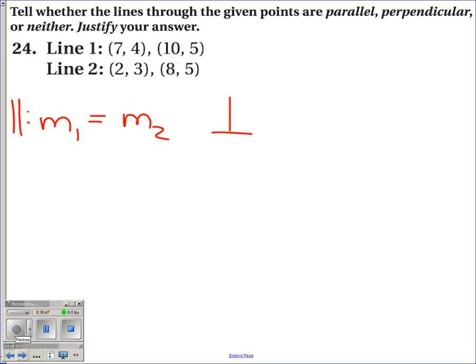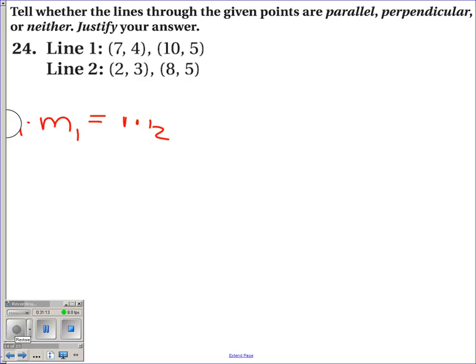Perpendicular means that if you have two lines' slopes, the slope of one is the negative reciprocal of the other. Now that formula is hard to see, but we're going to go through and see if these are parallel. If it's neither, it's not the same, that would be parallel, or not the negative reciprocal. Let's just see what happens.